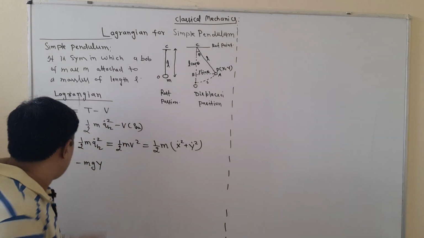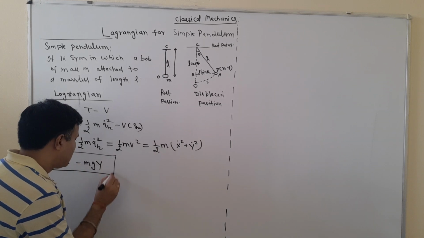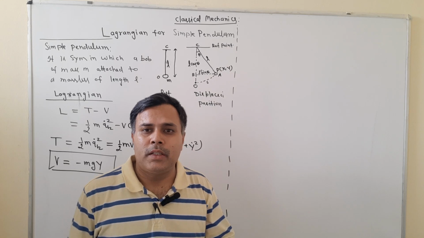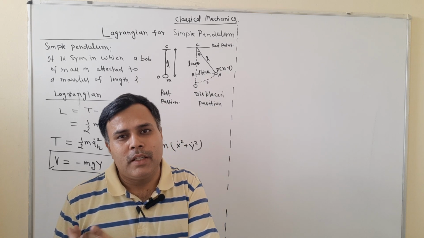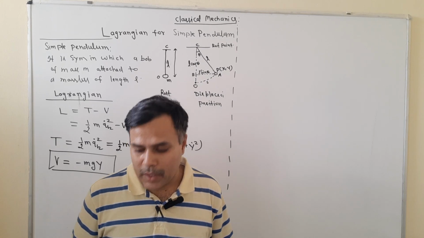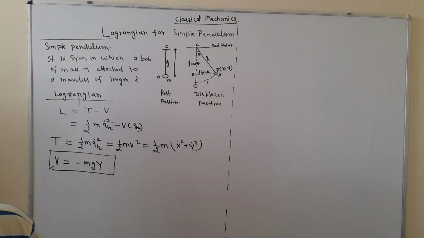But if we are able to write the expression of potential energy, then we can easily write the Lagrangian, and we can easily predict all the mechanical parameters.